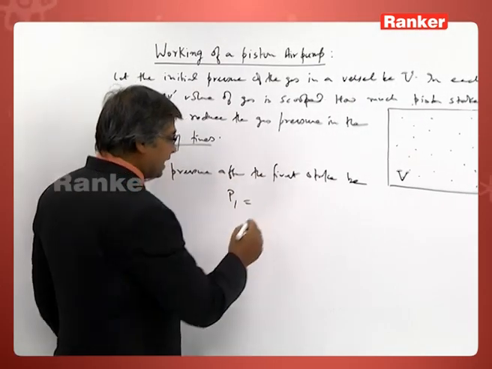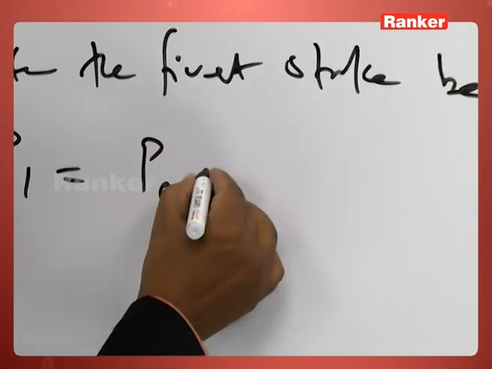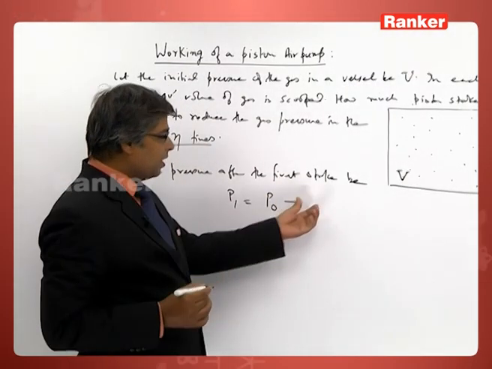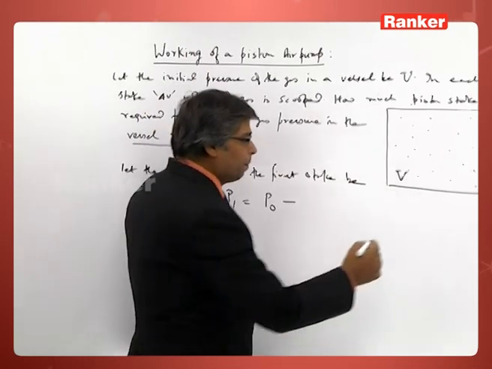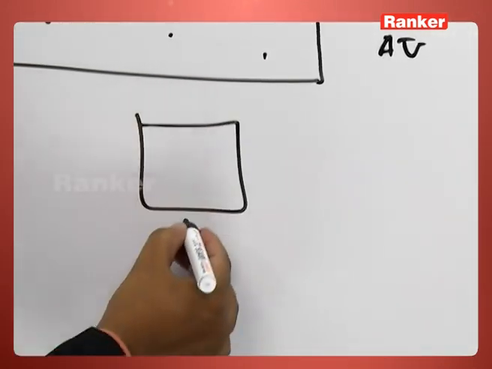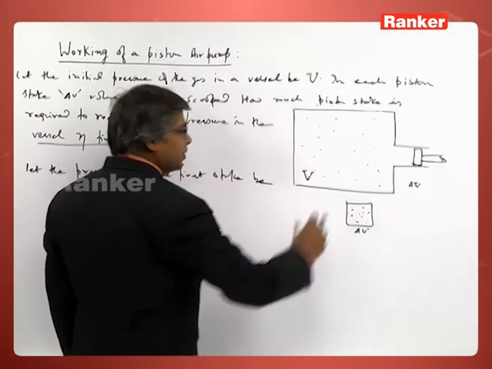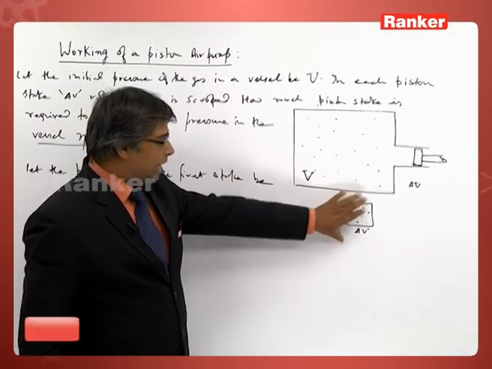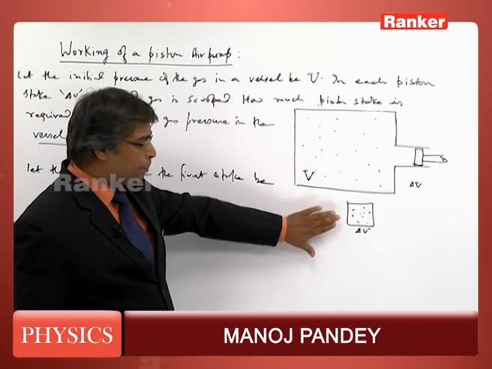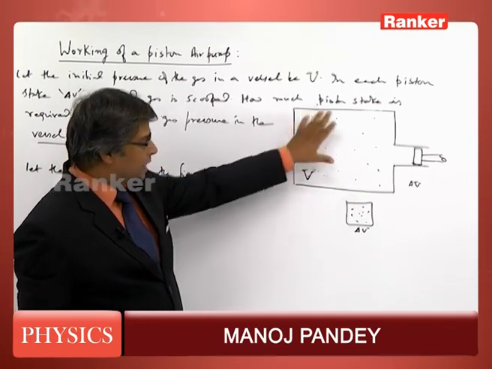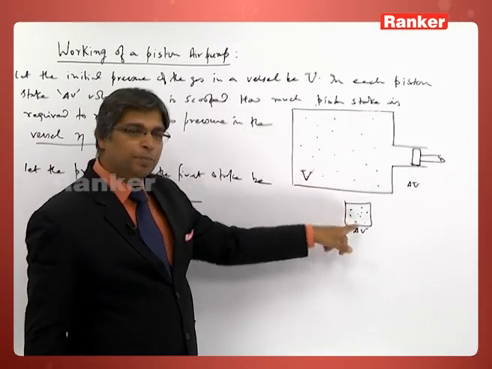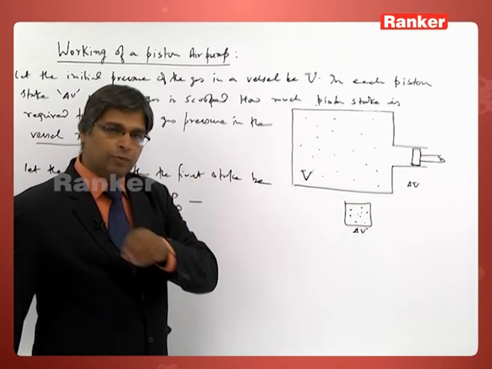So what is P1? Initially the pressure was P0 minus the contribution of that delta V volume. This volume of gas is taken out from this. So the contribution of this gas in the total pressure, called its partial pressure, has been taken out.